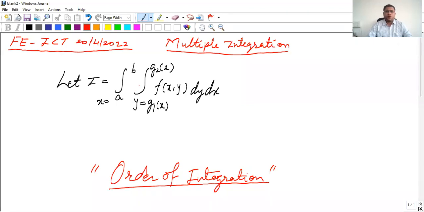The order of the integration is decided by the limits of integration. So we have the order dy dx for this particular integration.